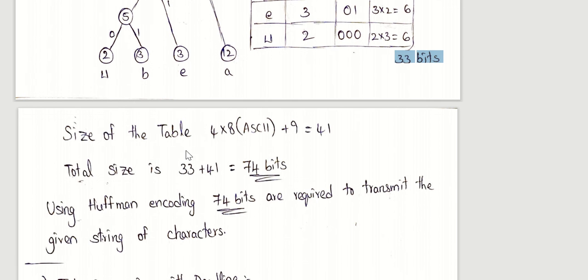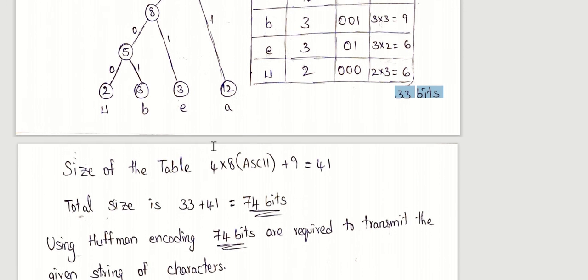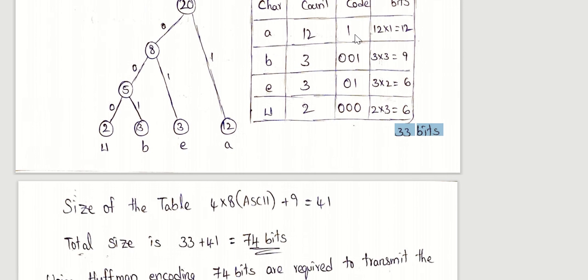If you see the size of the table, if we calculate here 1 2 3 4 5 6 7 8 9, it requires 9. The total number of bits for all the codes is 9. That 9 has to be taken, and the number of characters is 4. And for each character we need 8 bits.